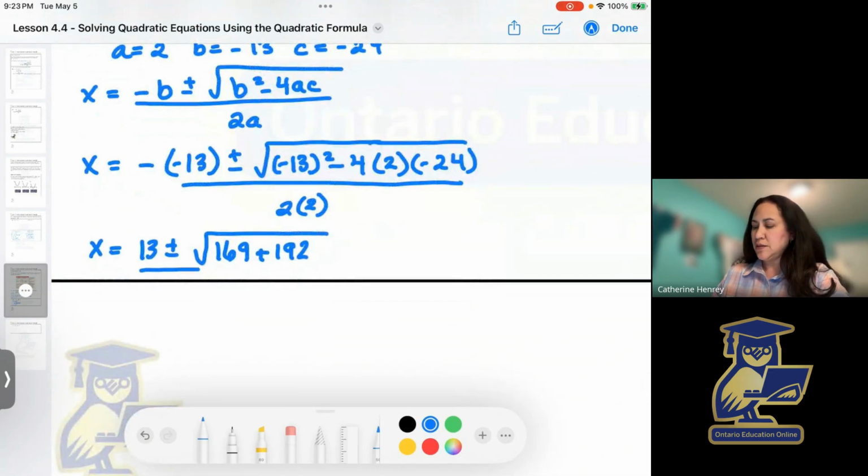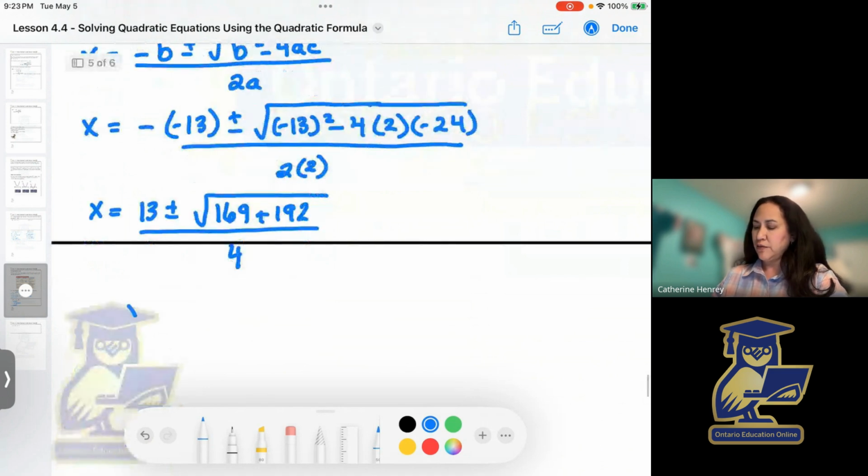And all of that is going to be divided by 4. Simplifying again, I'll have x is equal to 13 plus or minus the square root of 361 over 4.